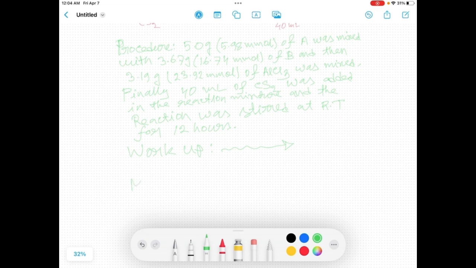Then write the mass of the crude amount, mass of the crude, how much, suppose x gram.